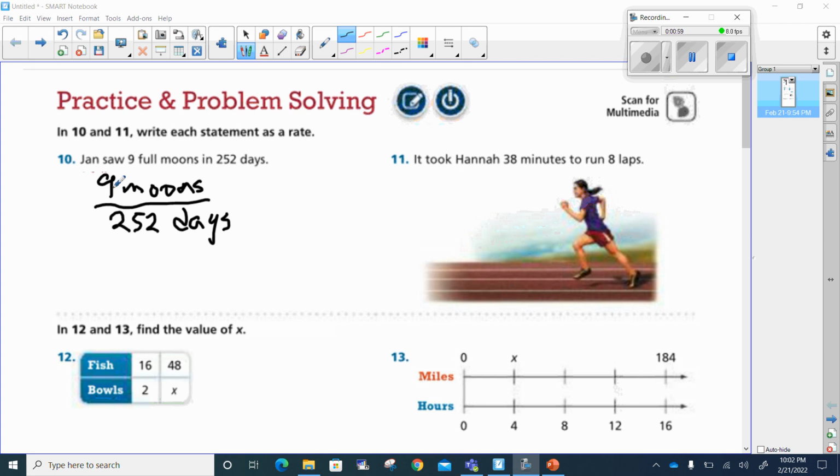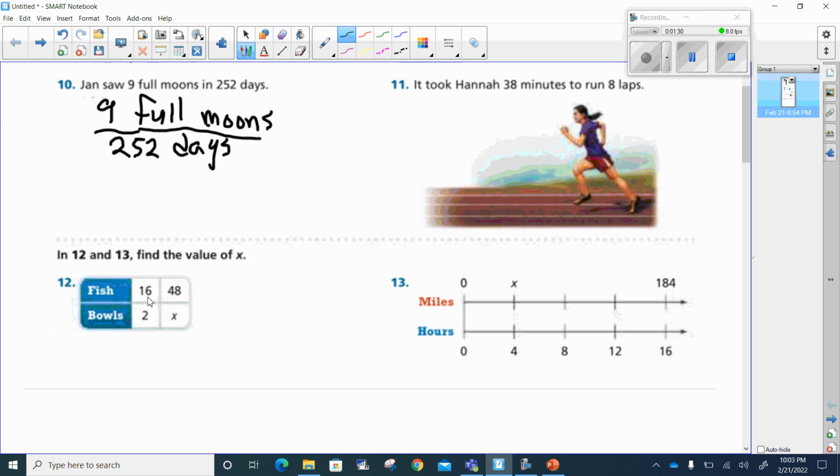And since we did have just full moons, I should be even more specific. We're going to put it as full moons instead. All right, so 9 full moons in 252 days.